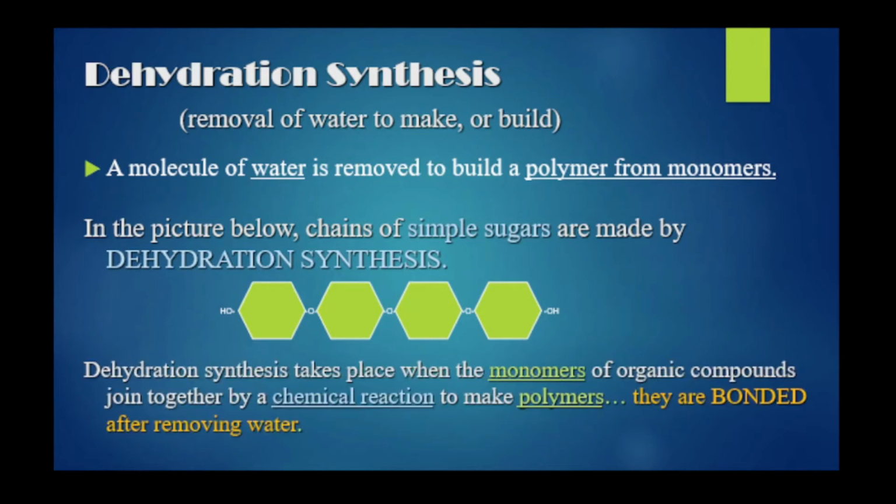Dehydration synthesis takes place when the monomers of organic compounds join together by a chemical reaction, perhaps through the reaction of an activated enzyme, to make another polymer. They are bonded after removing the water.